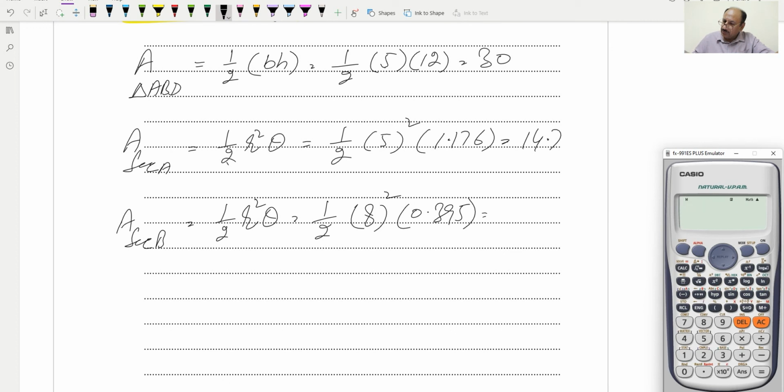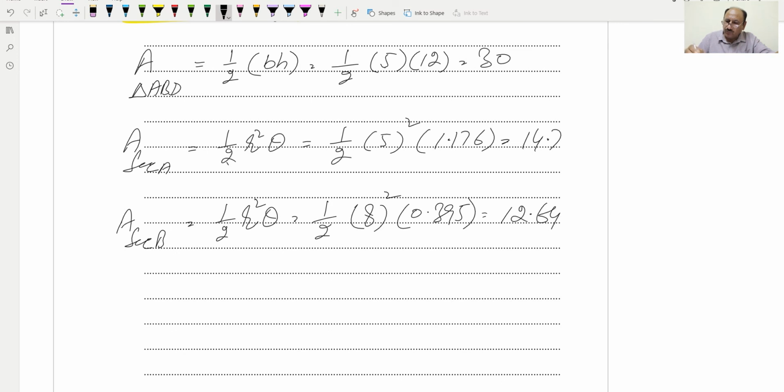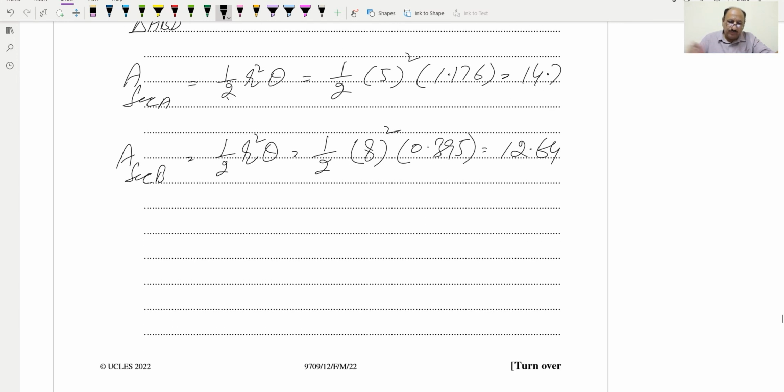This will be 0.5 multiplied by 8 squared multiplied by 0.395, resulting in 12.64, and these two areas we will be subtracting.